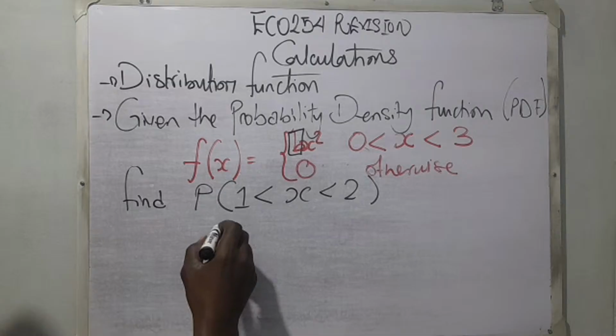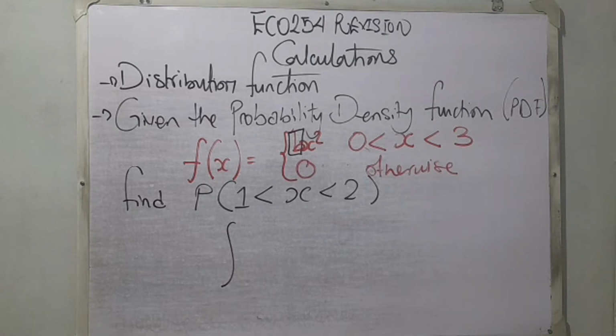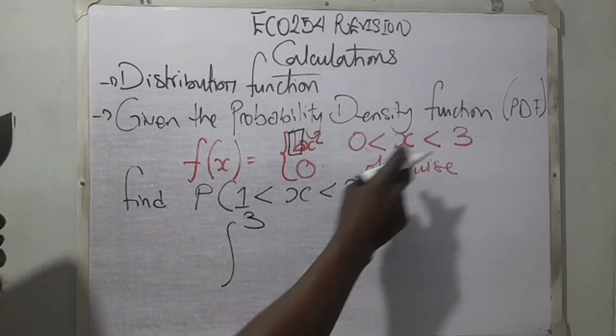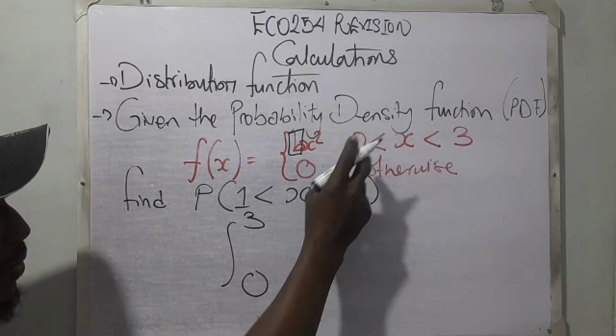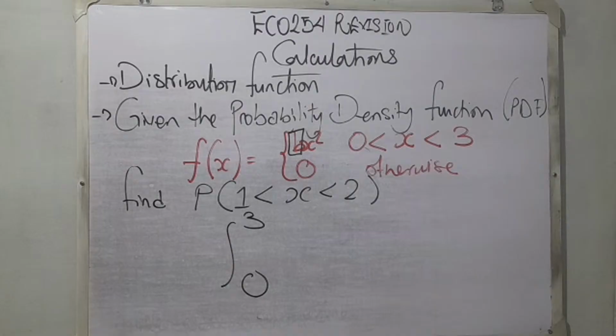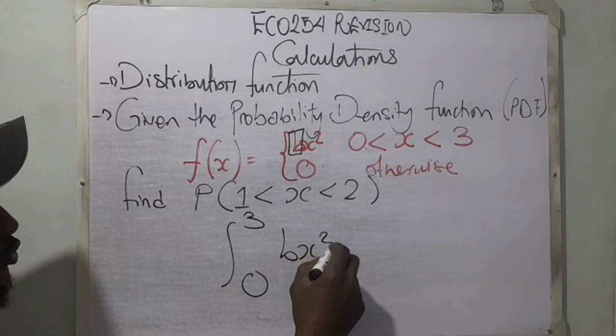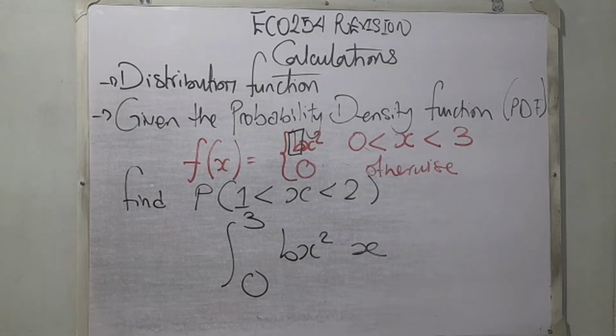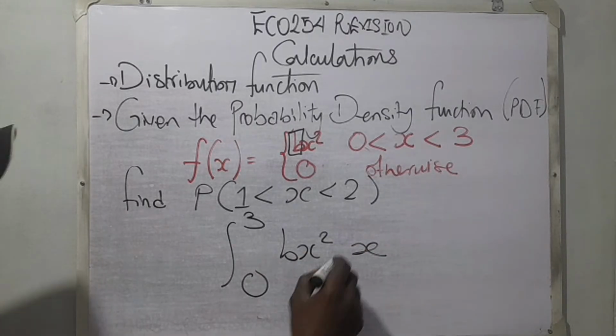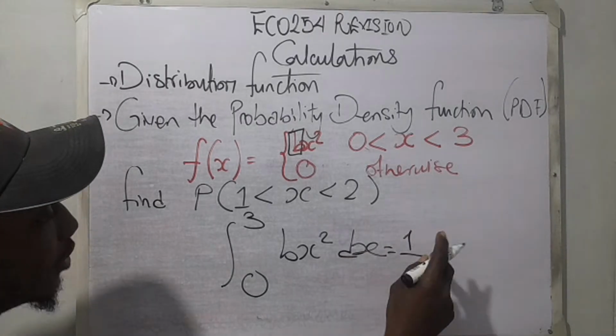Now, we have 3 and we have 0, and we have b x raised to the power of 2, we also have dx, equals to 1.